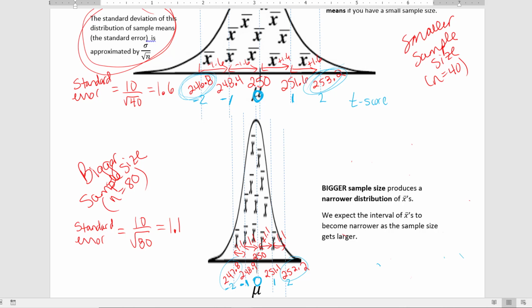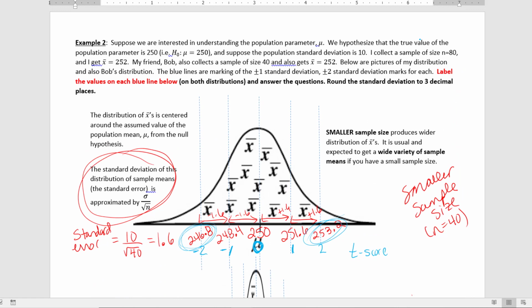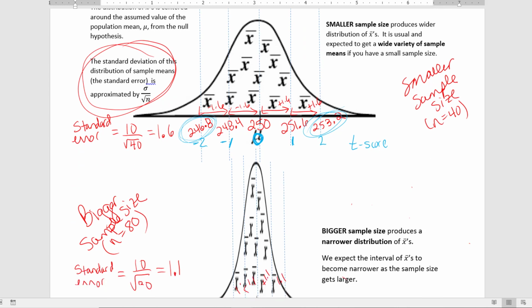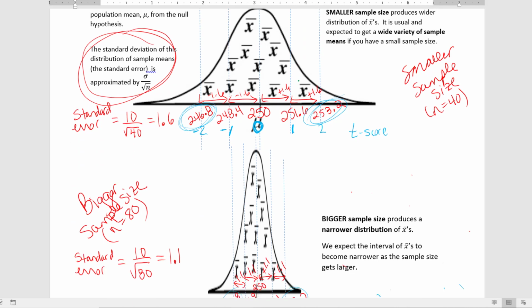All right, finally then, it did say that we actually saw a sample mean of 252. Bob and I both got a sample mean of 252. So in the top distribution, when the sample size was 40, you'll see that 252 is about here. And so it has a t-score of 252 minus 250 divided by the standard error, which is 1.6.